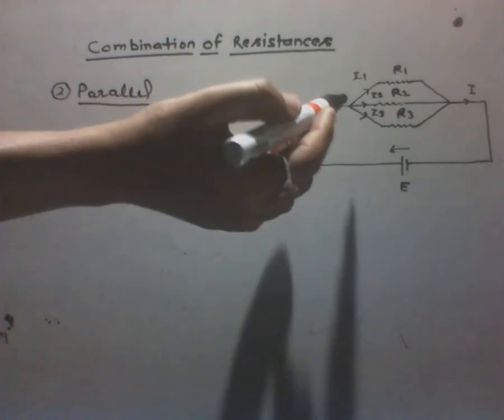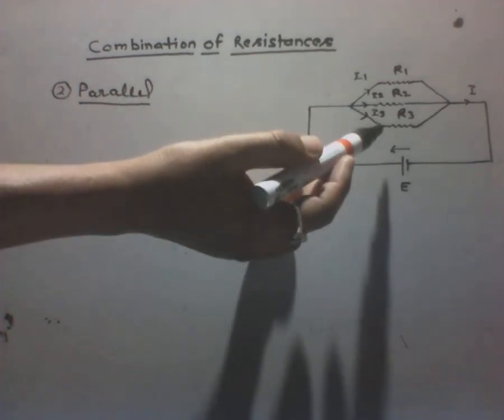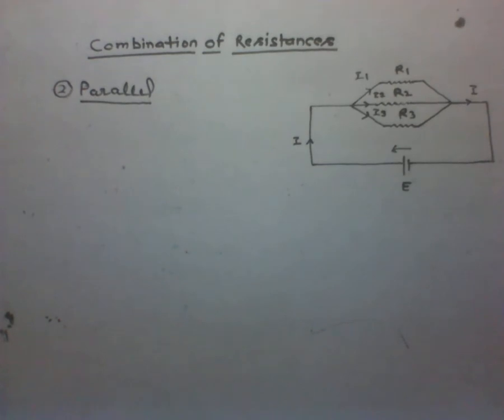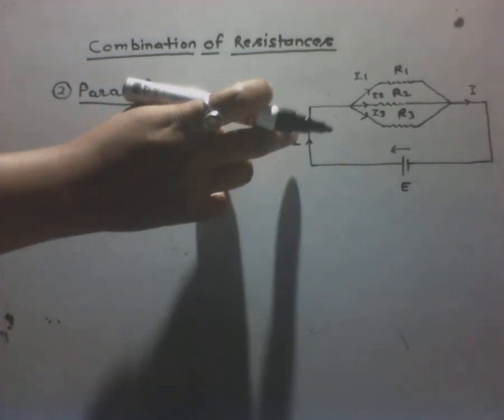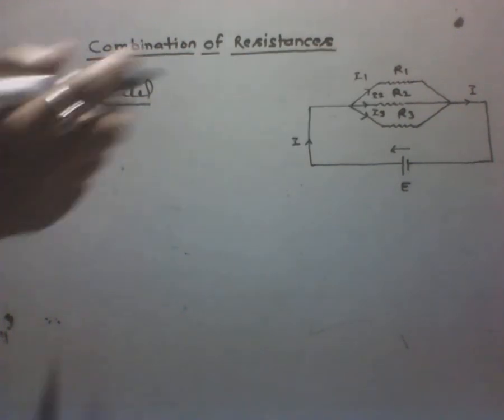Let the currents be I1, I2 and I3 across R1, R2 and R3, then the total current I will be equal to I1 plus I2 plus I3.